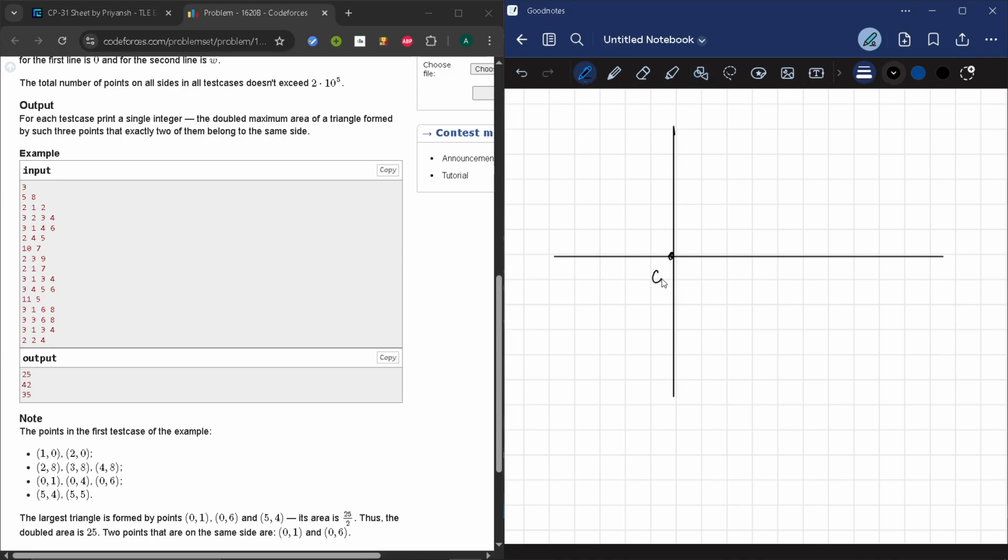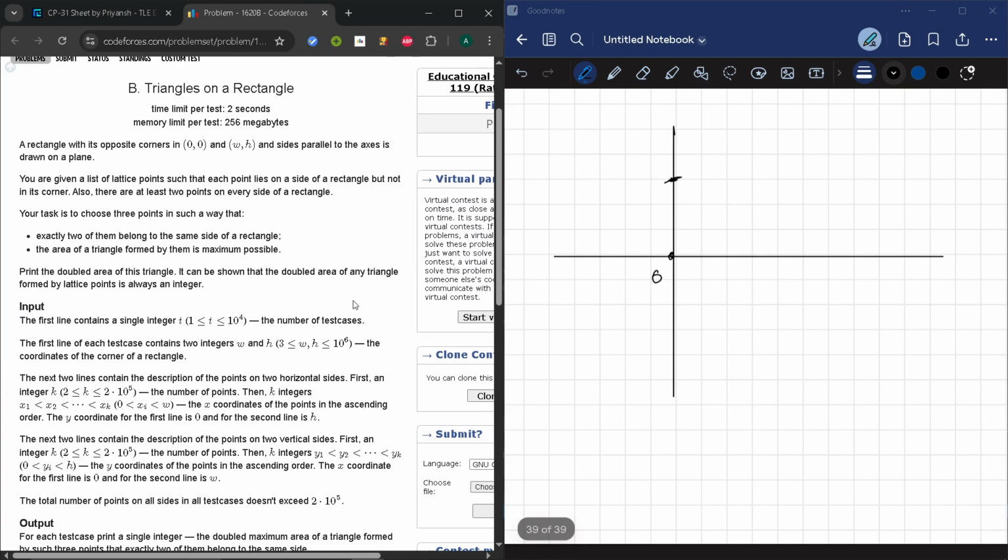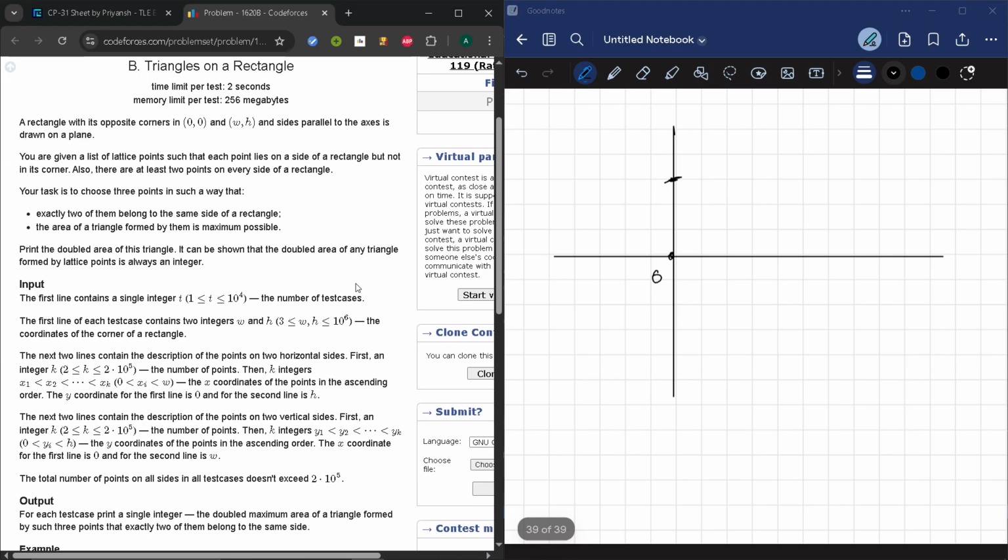This is our origin. These are W and H: 0 comma 0 and W comma H. The X distance is W and the Y distance is H. This is 0 comma 0, this is W comma 0, this is 0 comma H, and this is W comma H. Okay.